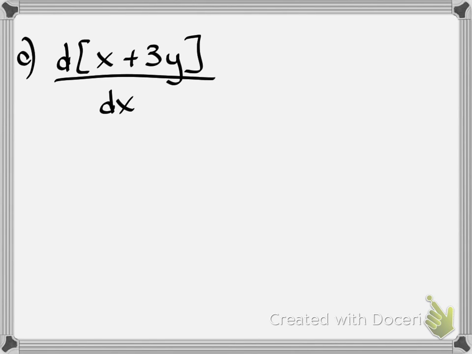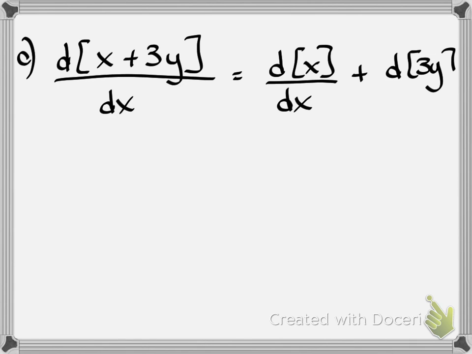Another one, part c. Let's do the derivative of x plus 3y with respect to x. Well, you remember how we would take the limit of different pieces, we'd break it up, or we'd do the derivative of different pieces. Well, we're going to do the derivative of the first term with respect to x plus the derivative of the second term with respect to x.